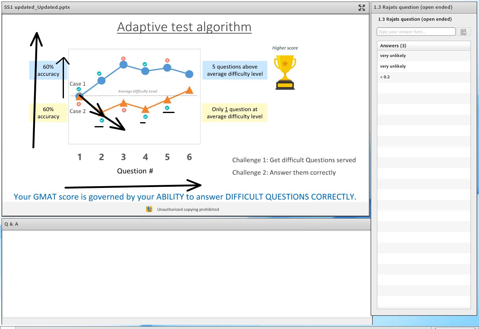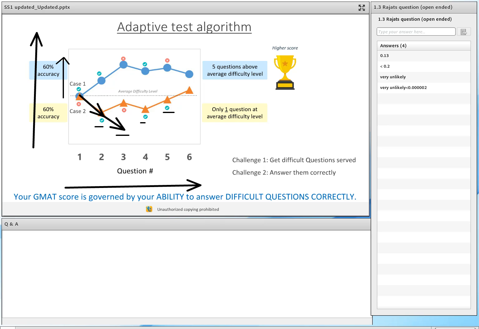Less than 0.2 is a 90 percentile guy getting a 50 percentile question wrong. That probability is essentially about 5%. Okay. So at this point, the test is not very wrong to think that this student number 2 is not a very smart guy.